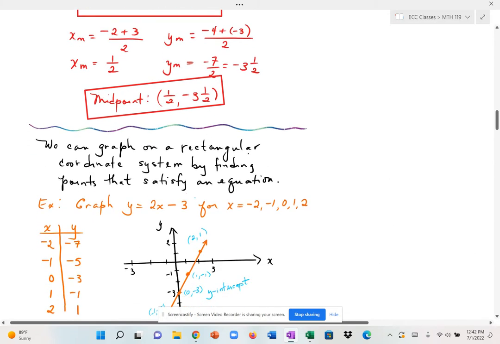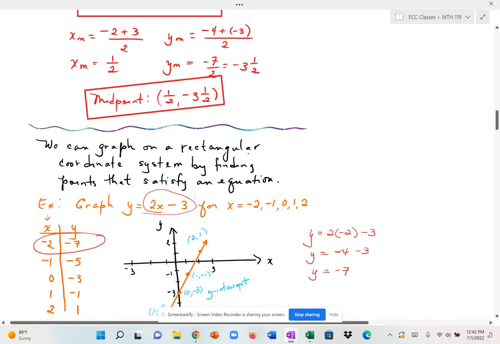So I set up a table. These are all the x values that were given in the problem, and you compute the y values by just plugging in. For the first one, you plug in -2 where the x is, and that is -4 minus 3, and -4 minus 3 is -7.